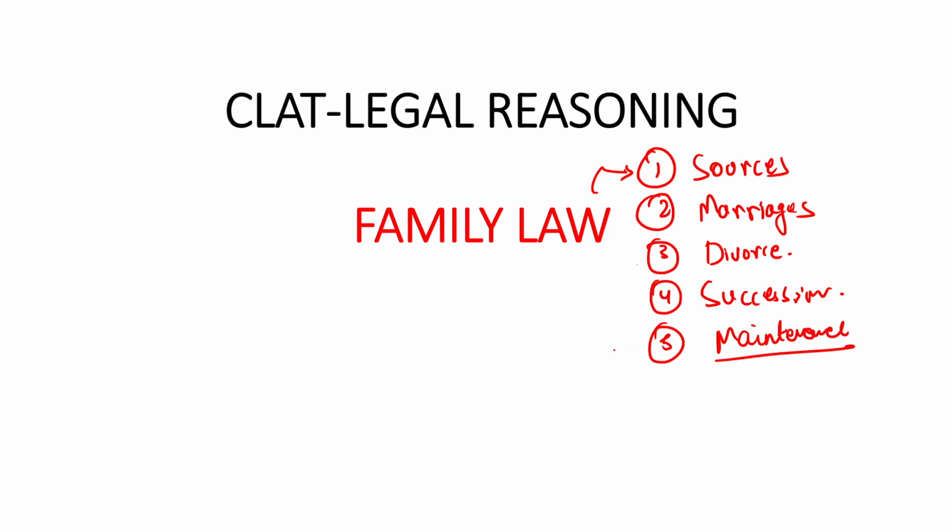Now, when we talk about maintenance, let's try to understand why we are talking about maintenance here. There is one person A, and that person has 3 people in his family.